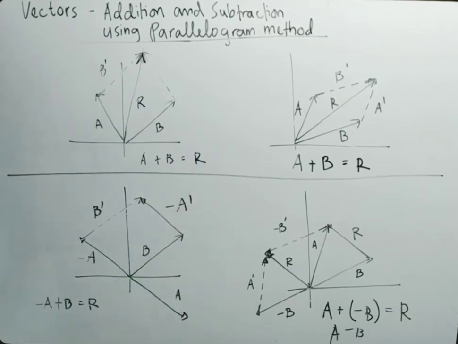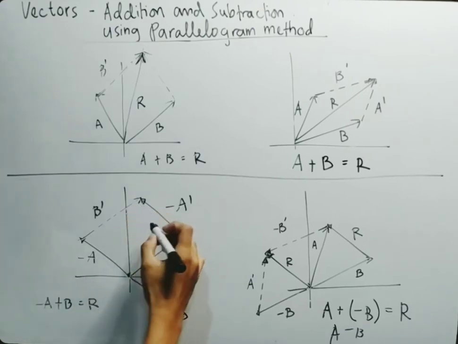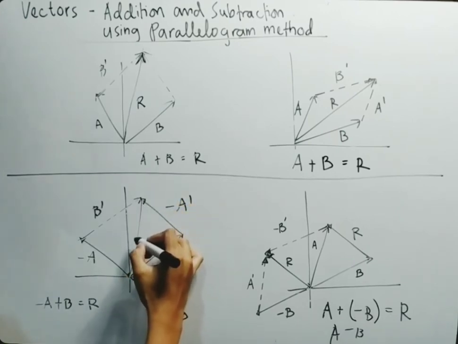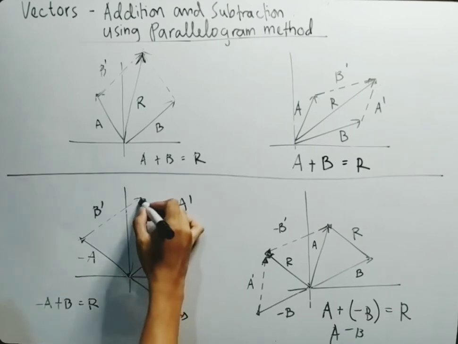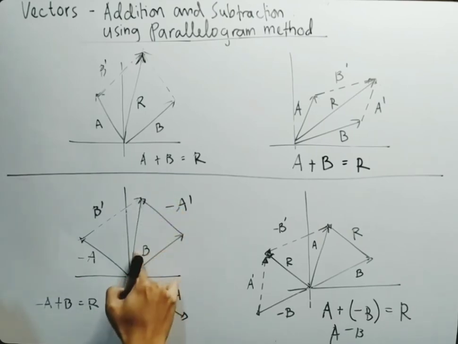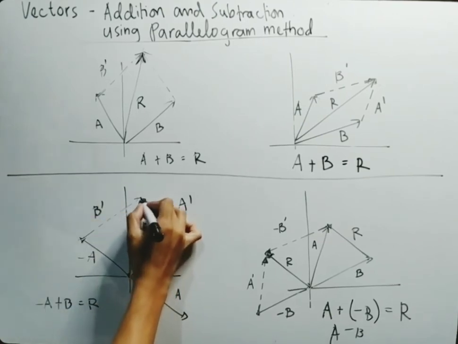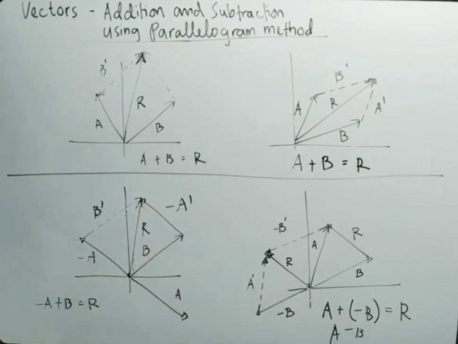Okay? So where is now the resultant vector? That is from the origin up to this point. So let me draw it here. I think that's fair enough. That will represent R. And so the direction is from the origin up to this point.